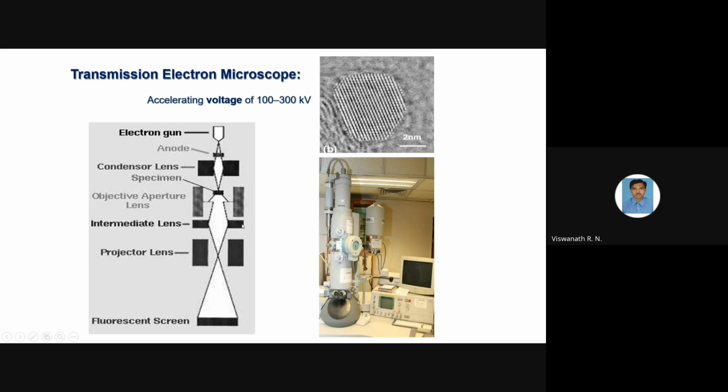Here also in between they are putting beam lenses after the transmission. The transmitted beam is converted and deposited on the fluorescence screen. So the image of the material captured by the electron beam is recorded on the fluorescence. That is the way the transmission electron microscope works.